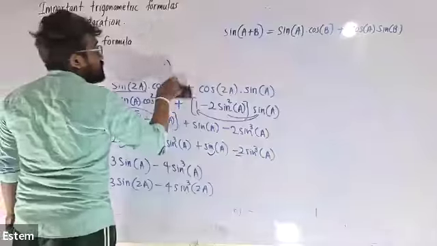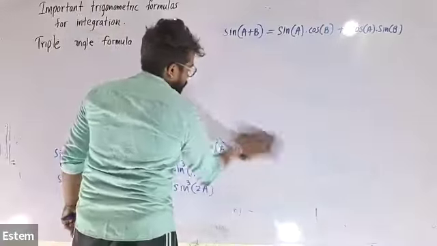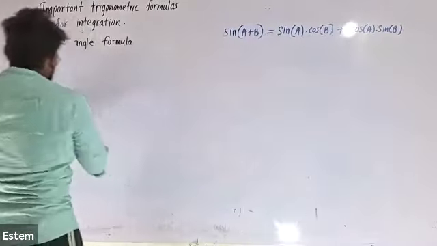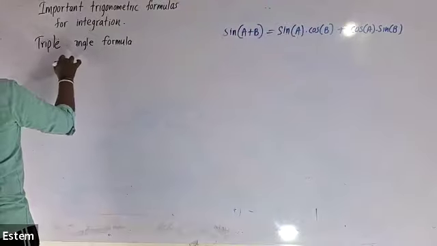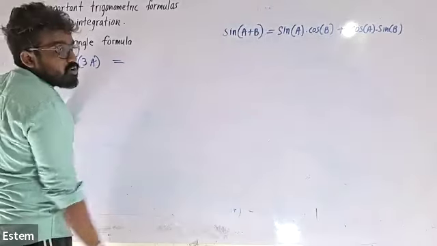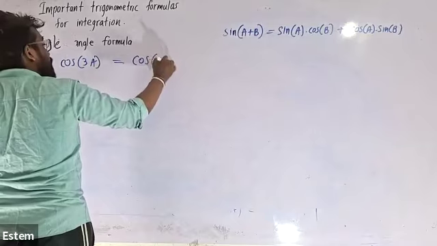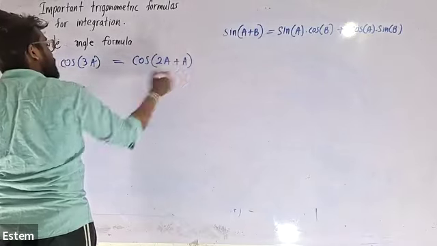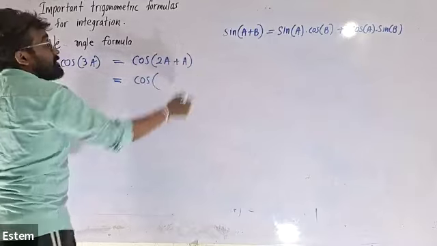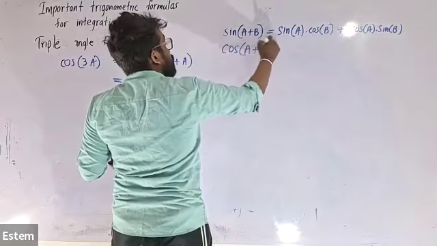Now we should try cos 3a. Cos 3a should be expressed only in terms of cos. As a first step, I write 3a as 2a plus a. Then we can apply the formula for cos of a plus b.